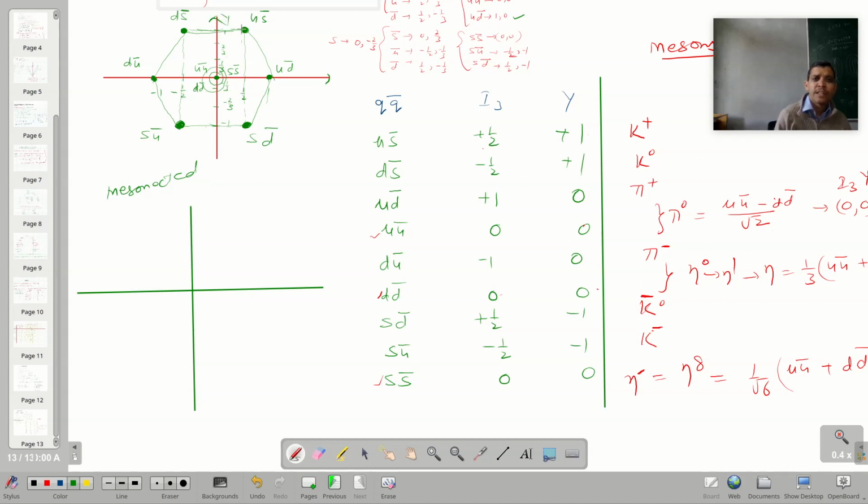This is Y and this is I3, and similarly this is Y and this is I3. Its value will be 1 and its value will be -1, and here it is 1 by 2 and its value will be 1, and similarly -1 by 2 and it is -1, right?